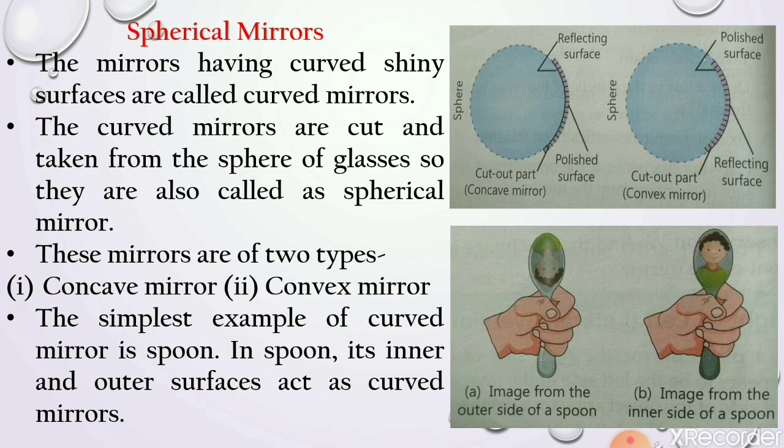When you see your image in the outer surface, it is the reflecting surface, so it behaves like a convex mirror. And when you see your image in the inner side of the spoon, it is behaving like a concave mirror. So we will study about concave mirror and convex mirror in detail.